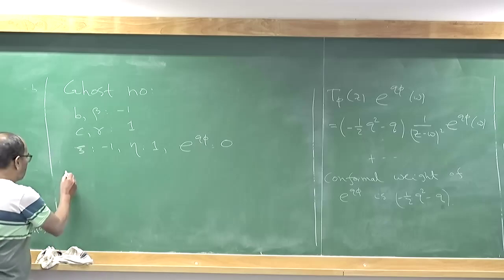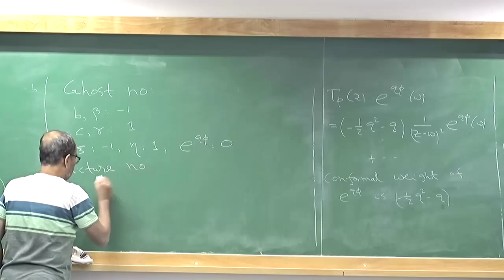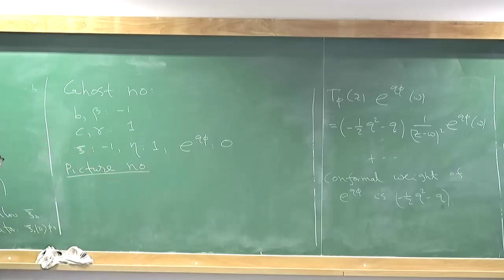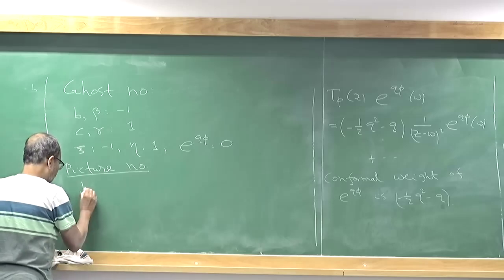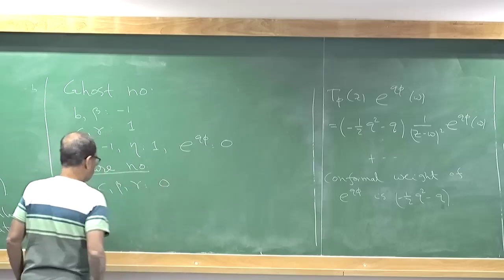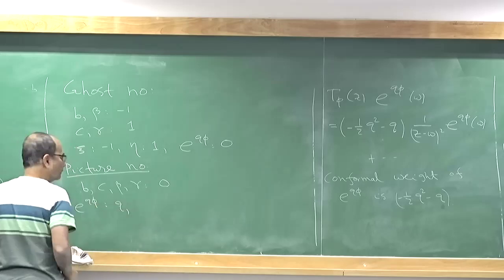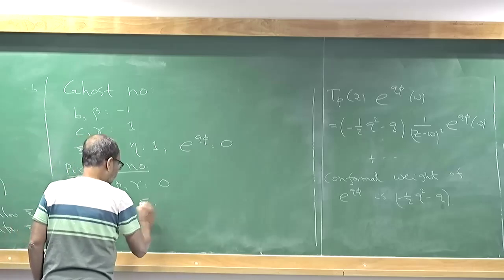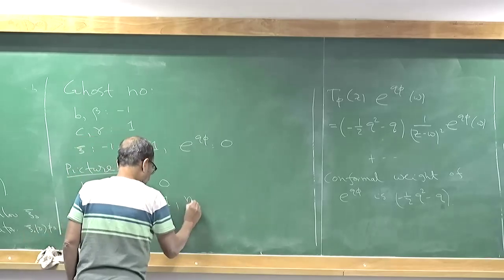Now there is also another quantity called picture number, which arises only after you use this xi eta phi description. So picture number: b, c, beta, gamma are all 0. e to the q phi has q, xi has 1, beta has -1.